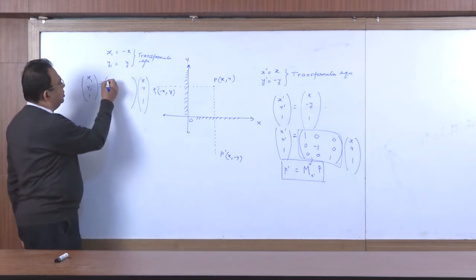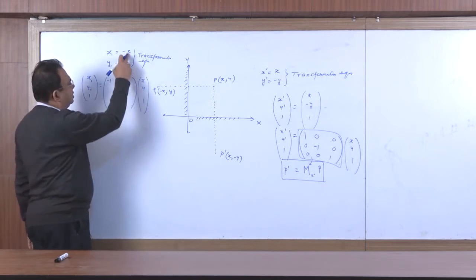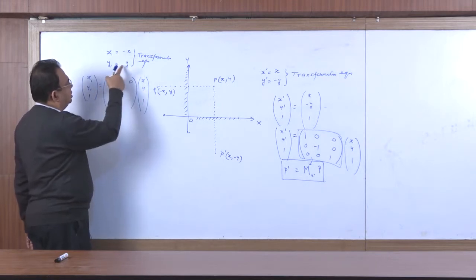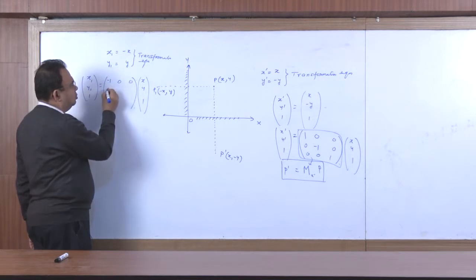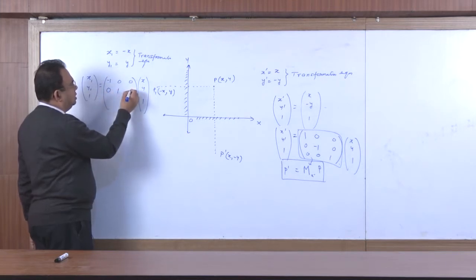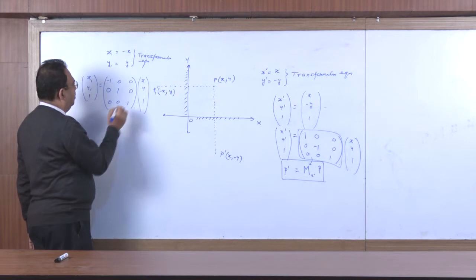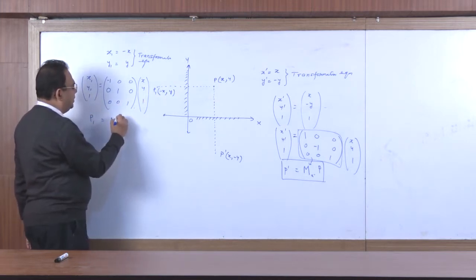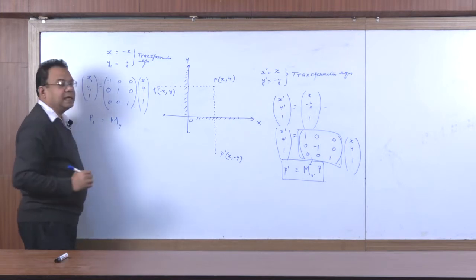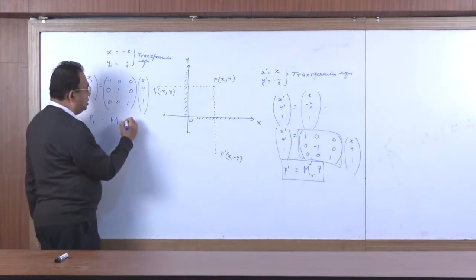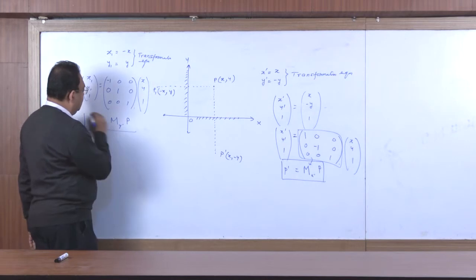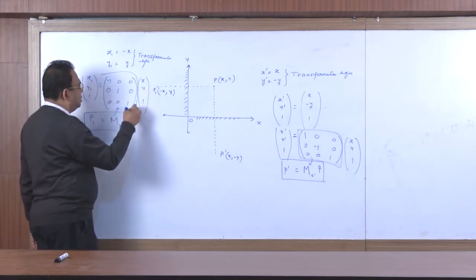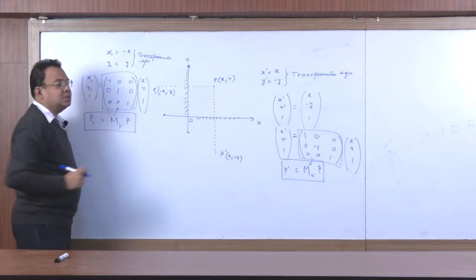Definitely this will be minus 1, because minus 1 into x will be obtained. There is no y component, no constant. Similarly, this will be y, there is no x component, so x is 0, this is 1, this is 0, and 0, 0, 1. So, this is our P1 in this example. This is the mirror reflection operator with respect to the y axis, and that is operated on P, where the reflection operator is given by this matrix.